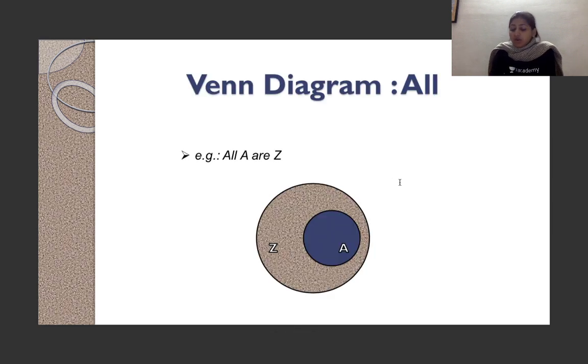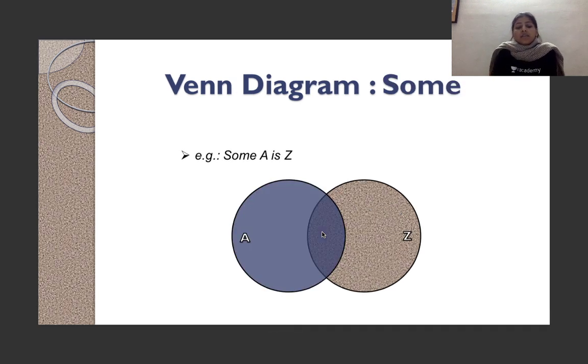So if it is given all A are Z, then all part of A will be contained in all part of Z. Okay, as you can see here, all part of A is all part of Z. Next is some A is Z. So there will be only some overlapping. Some part of A will be overlapped with some part of Z. Okay.